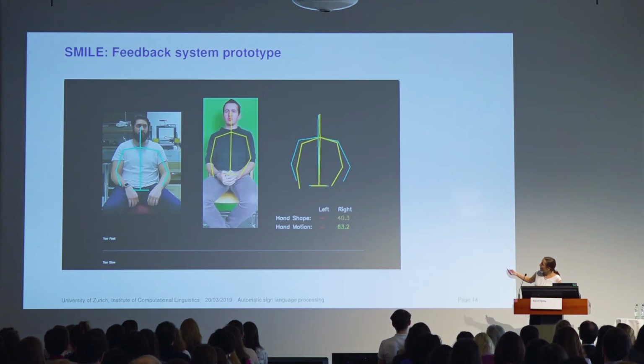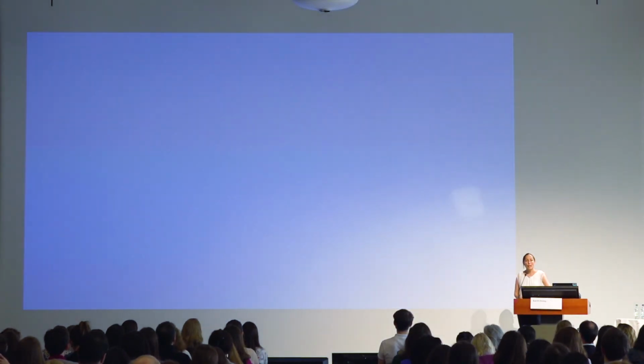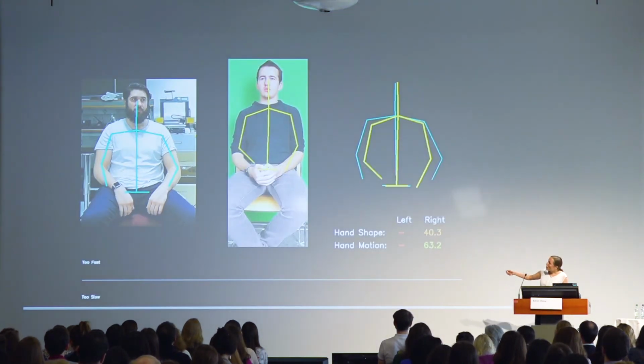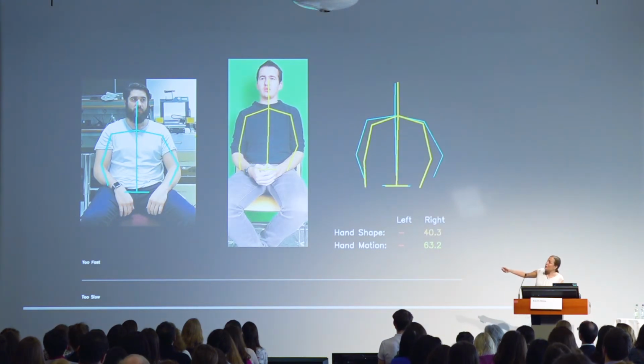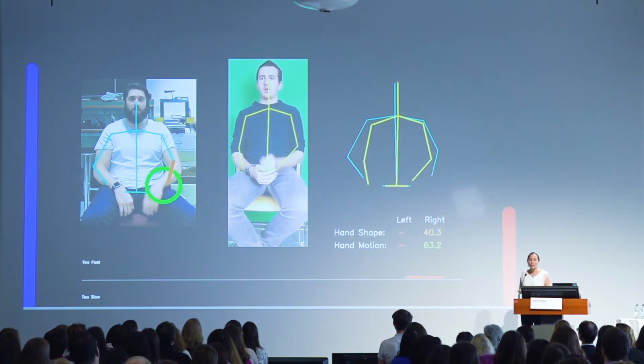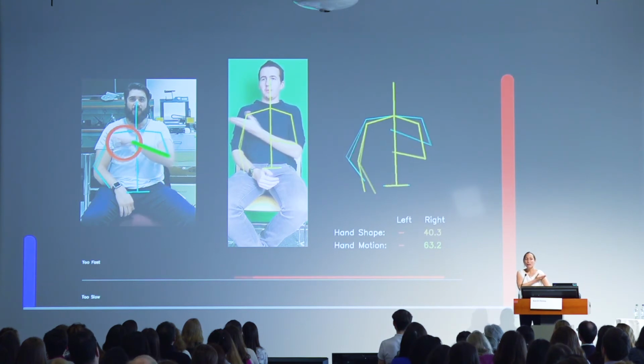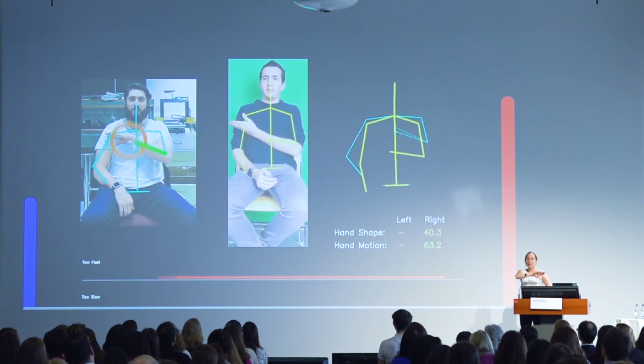I have an early version of the prototype here with me, just so you get an idea of what it's about. On the left we have the learner, on the right we have a reference signer, and the learner on the left produces the sign for summer in English. The sign is correctly produced like this, but the learner produces it using an incorrect hand position.